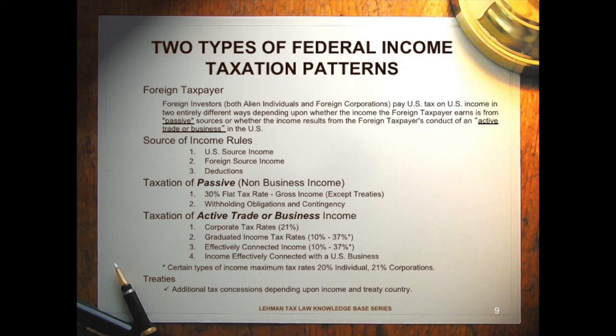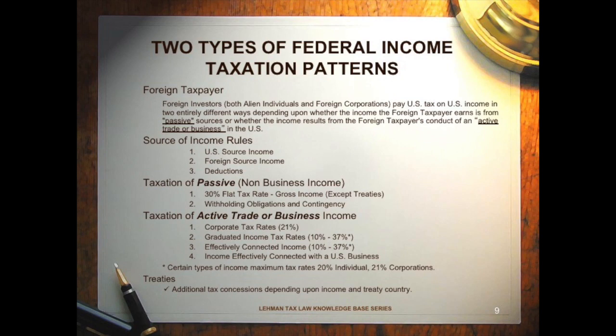And now we're talking about the changes made under the Trump tax bill. This is an updated version of what's going on. There's a 21% corporate tax rate now. As an individual, there's graduated income tax rates from 10% to 37%.